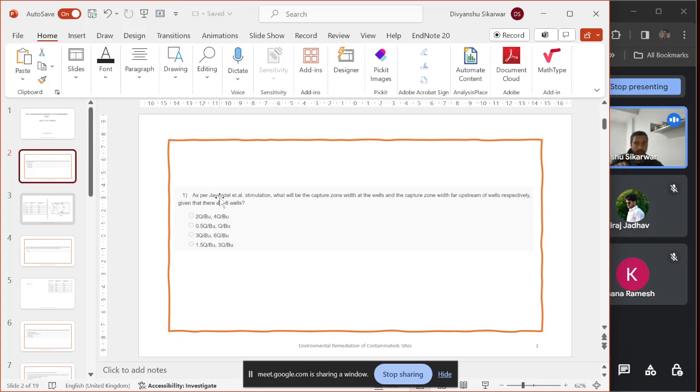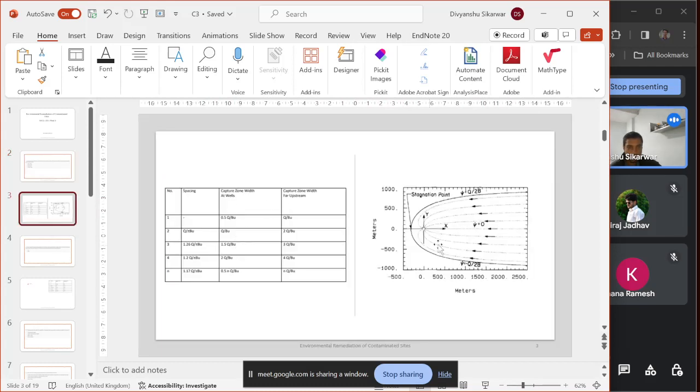Basically it provides a simulation. So based on that, what will be the capture zone if we put a well? What will be the capture zone if we are putting 6 wells? This question is basically asking that. It's asking the width upstream of the well as well as downstream. So both widths we have to provide.